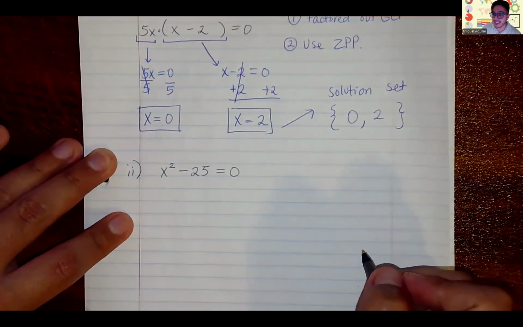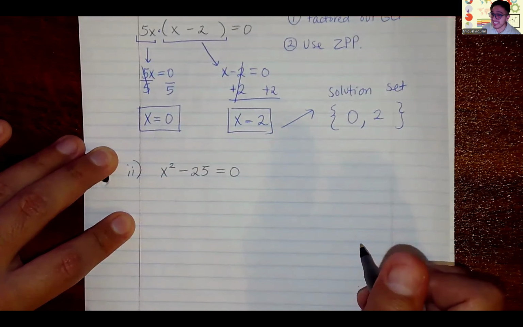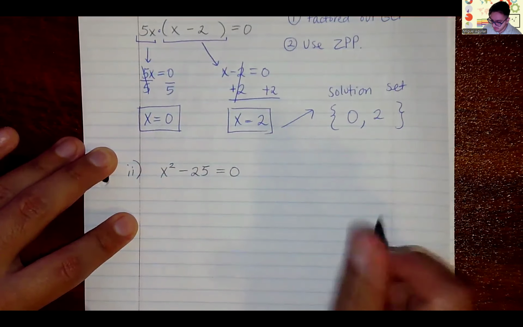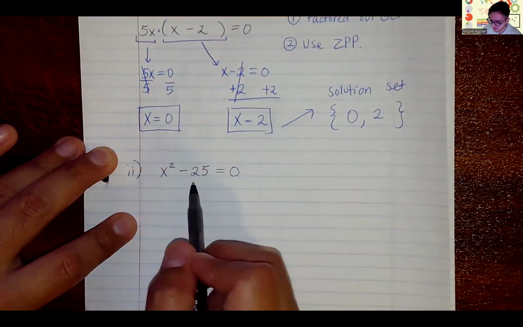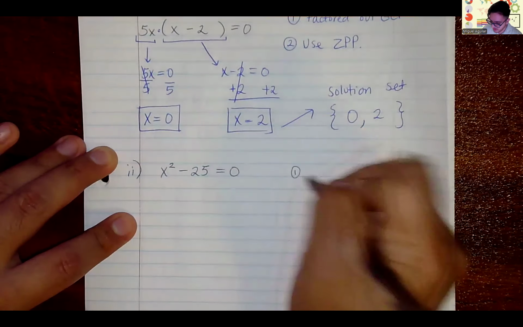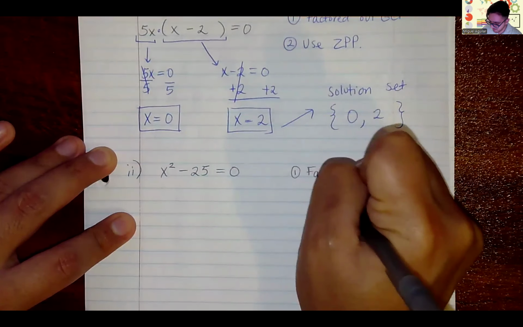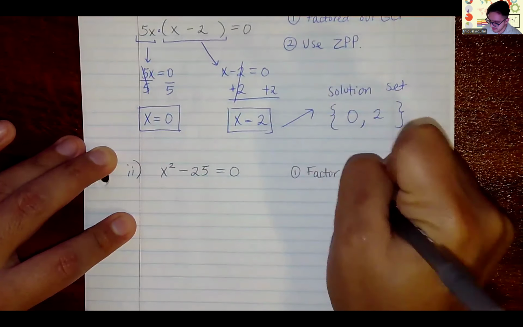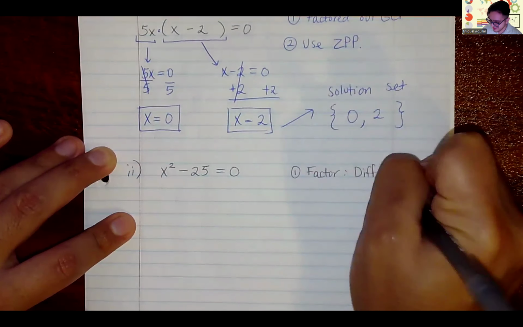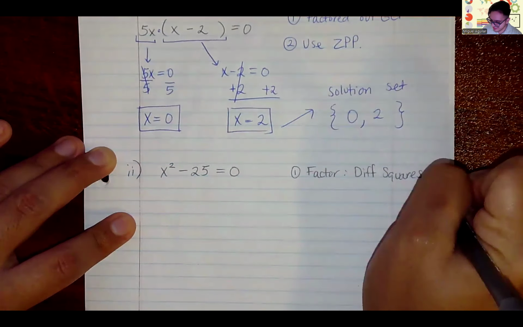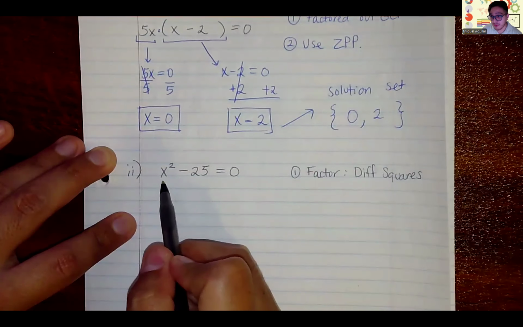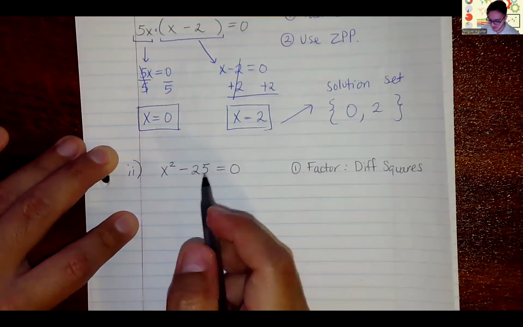Okay, doesn't look like it's in standard form because we don't have the three terms yet again. But if you recognize that this can be factored, then that's the first thing we're going to do. We're going to factor this, but using the difference of squares. If you recognize that x squared is a perfect square and 25 is a perfect square.